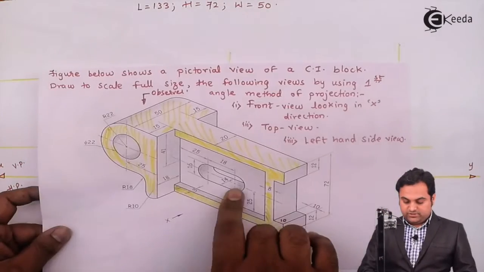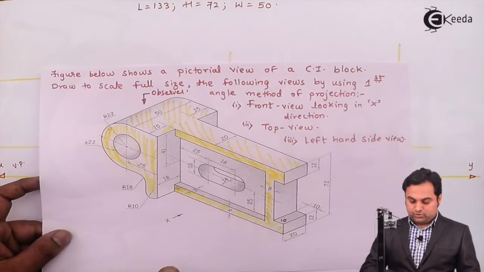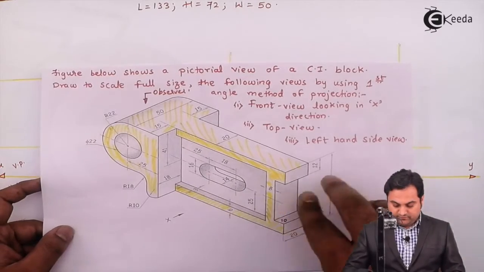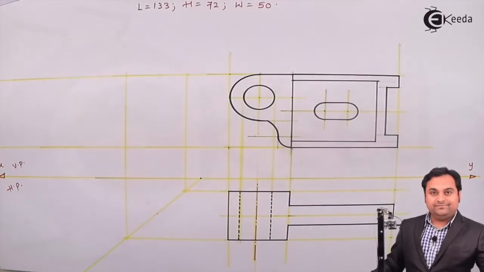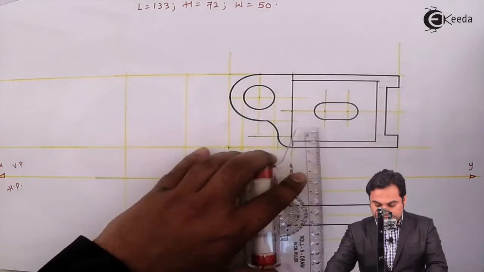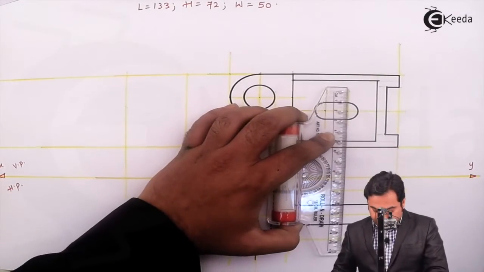Then after that, this groove or hole which is here given as 14, its width is 14 mm, so that will also be hidden, projecting the length of the groove from the front view.